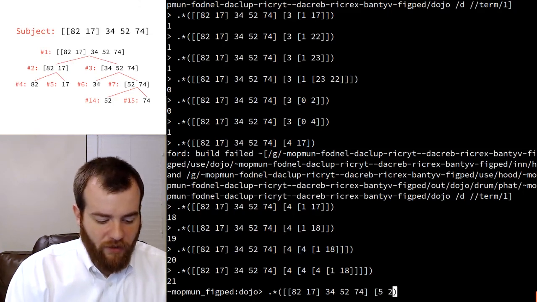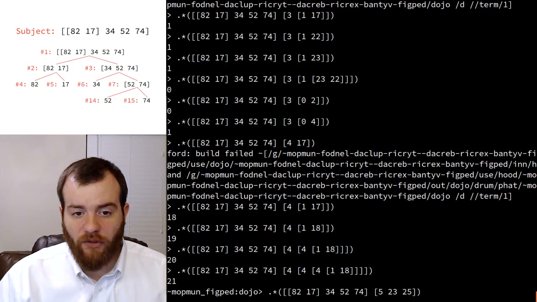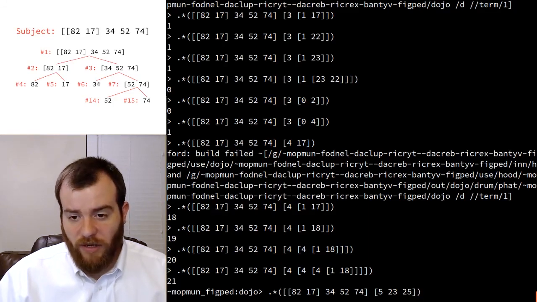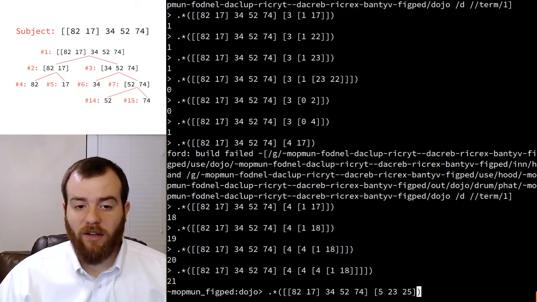NOC 5 looks at the two things following it and says whether or not they're equal. So let's say I want to test whether or not 23 and 25 are equal, and I would expect that to be no. I'm not even going to hit enter here. What I have now would be a crash because this is not a well-formed NOC formula. You have to follow NOC 5 with 2 NOC formulas, and it will test the result of those NOC formulas to see if they're equal.